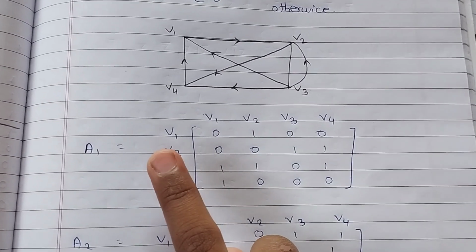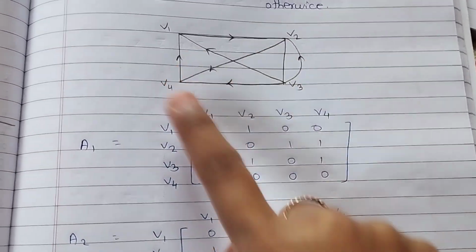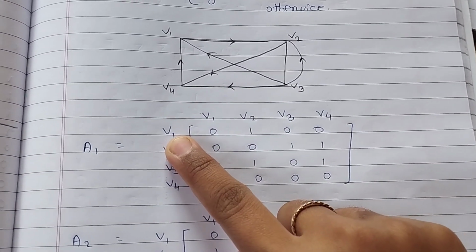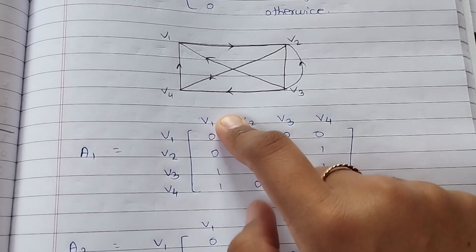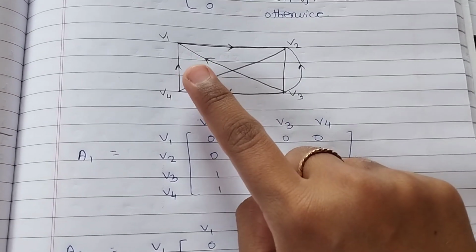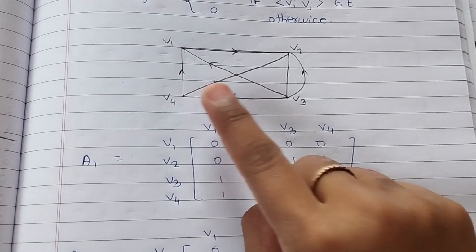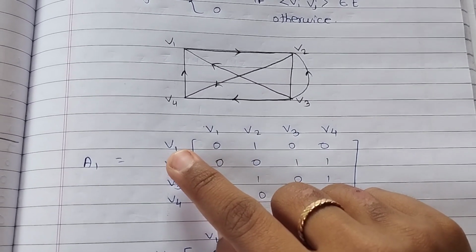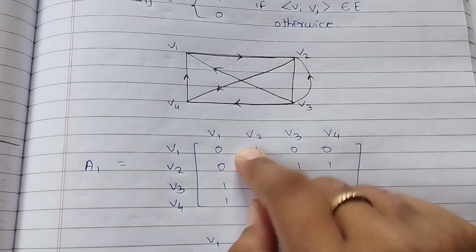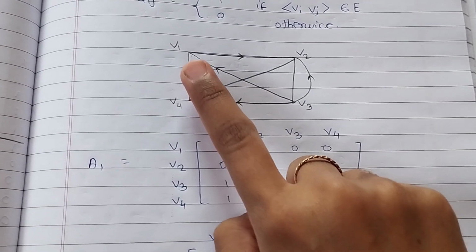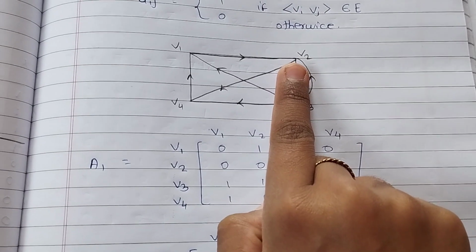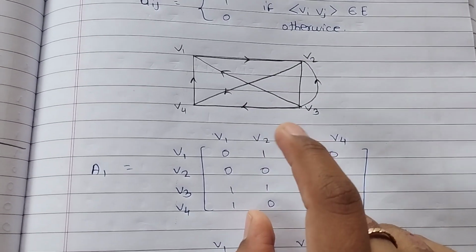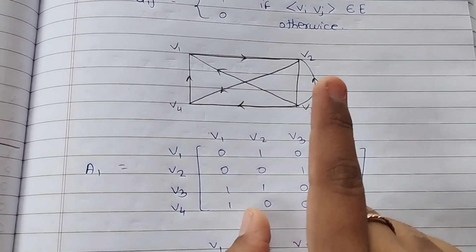So let's see one example. In this figure, the source is V1 and the destination is also V1. Is there any loop from V1 to V1? No, so we write 0. But from V1 to V2, a direct path is present, so we write 1 because a direct edge is present from V1 to V2.